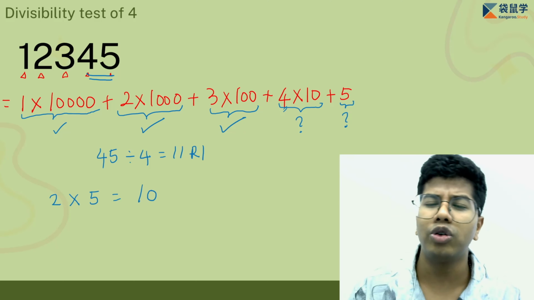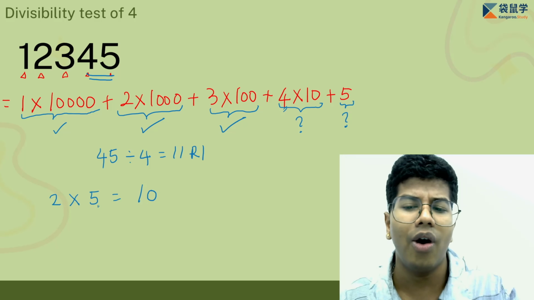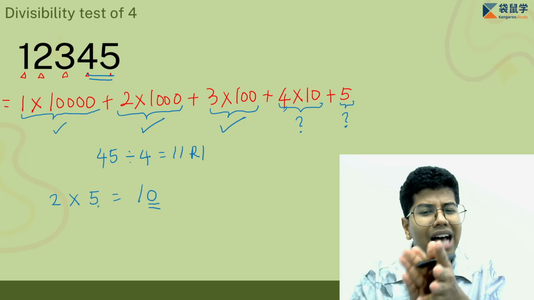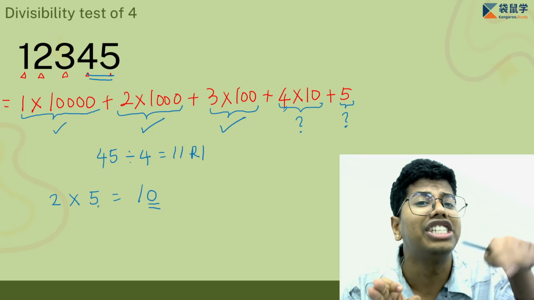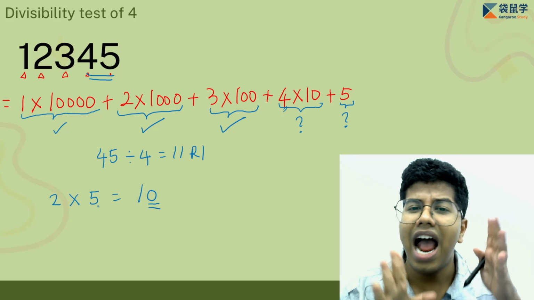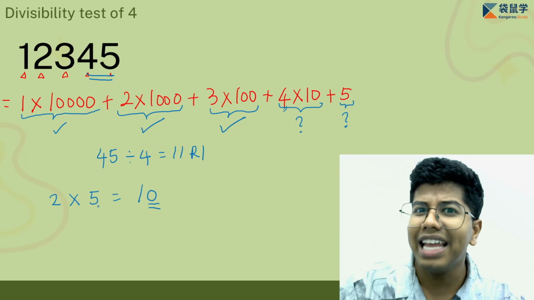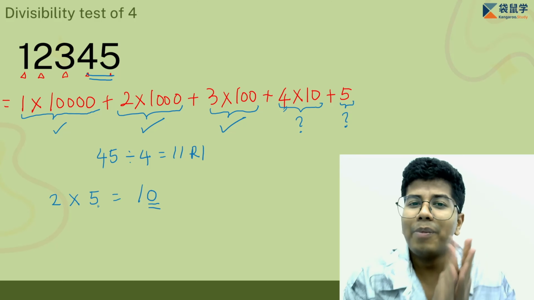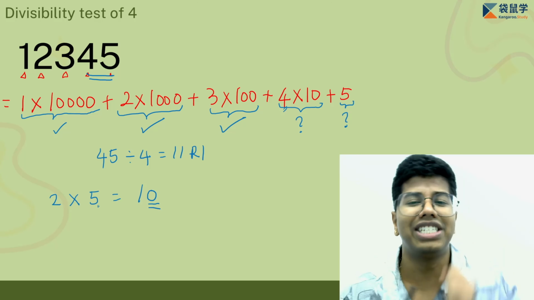This means if I want to check if a number is divisible by 5 or not, I just have to check the last digit. Now the last digit here is 0. It doesn't matter if it's 10, 100 or any multiple of 10, it is still going to be divisible by 5 because we just have to check the last digit.